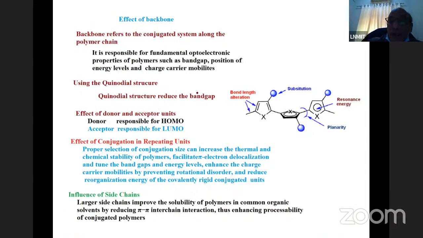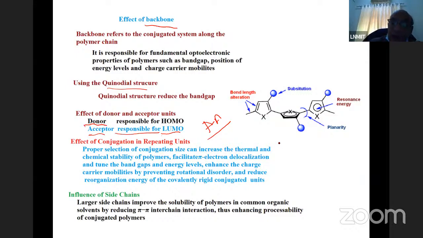Now the band gap can be tailored by different effects. I have written here, the HOMO level can be decided by the donor component. Similarly, the LUMO level of the DA molecule or polymer can be decided by the acceptor here. So by tailoring the capability of donors and acceptors, we can design different types of molecules and polymers.